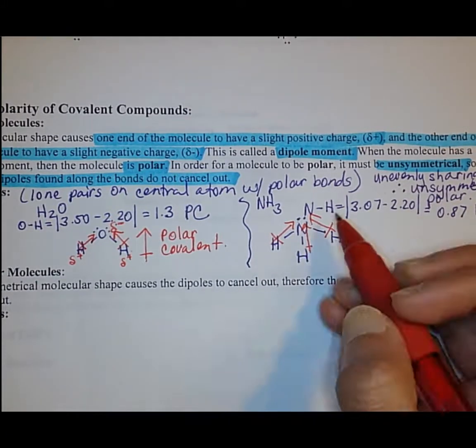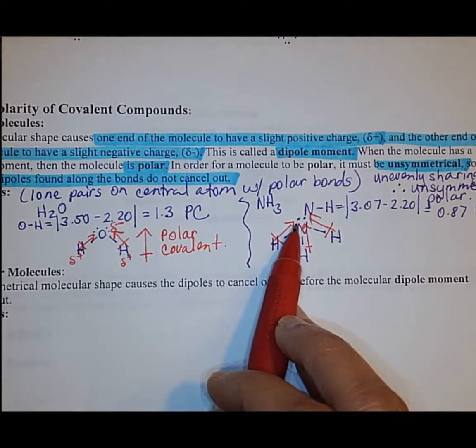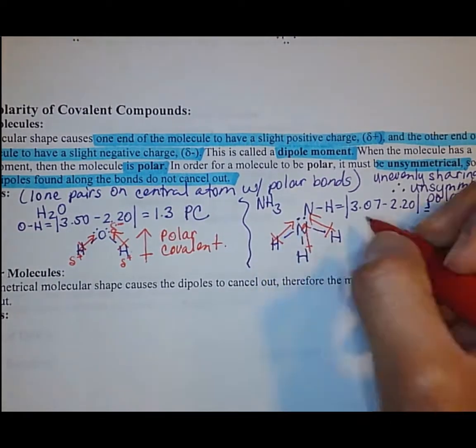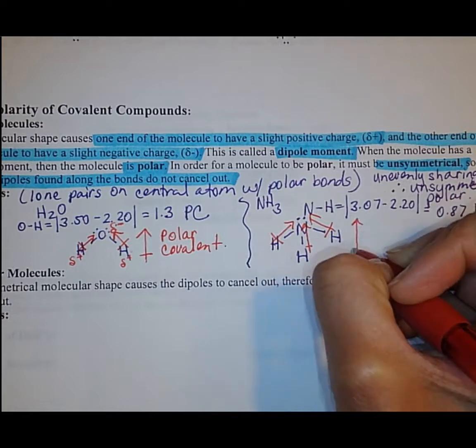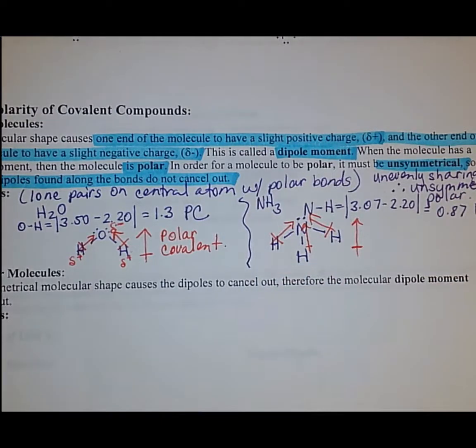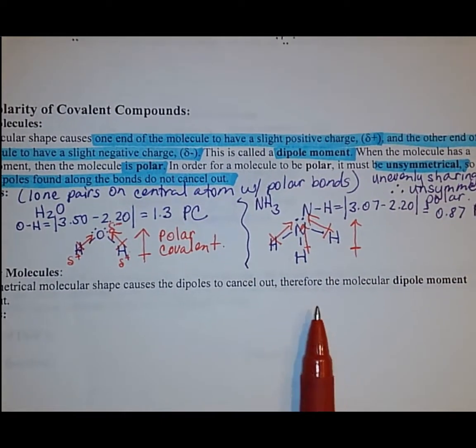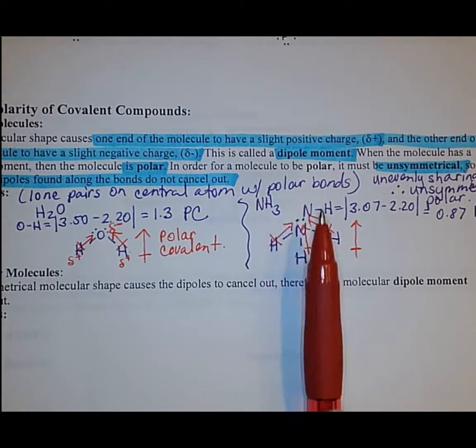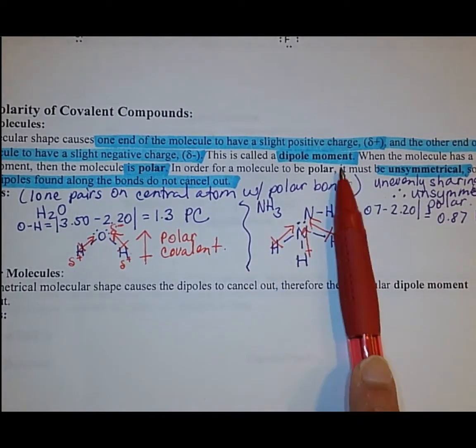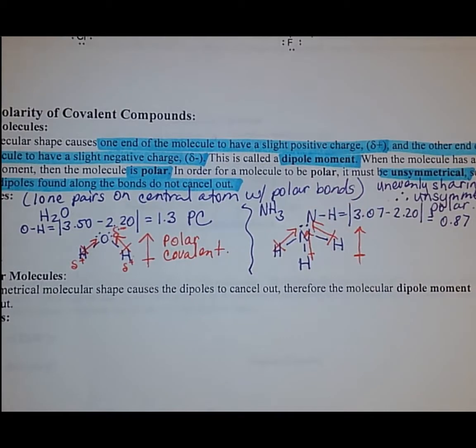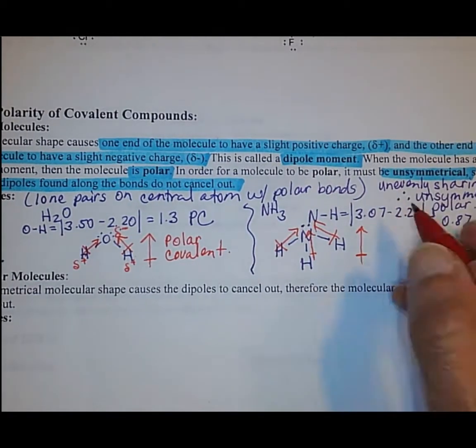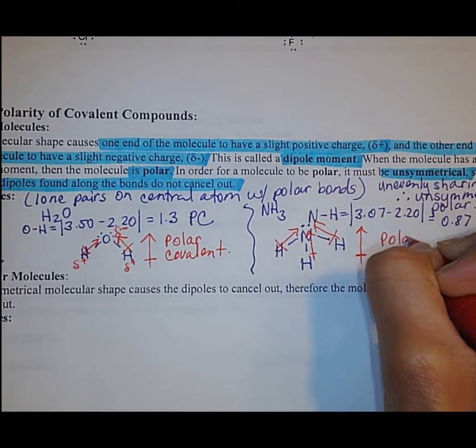But then guess what? We've got this extra pair of electrons, and this extra pair is doing even more pulling. So not only do you have the hydrogen where the electrons are being pulled, but this lone pair is pulling even more. So yes, it does end up being a polar covalent compound.